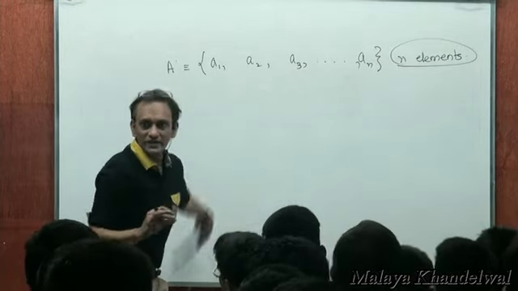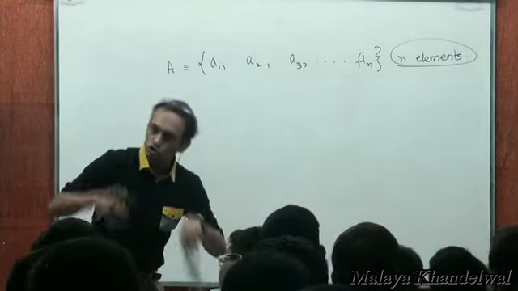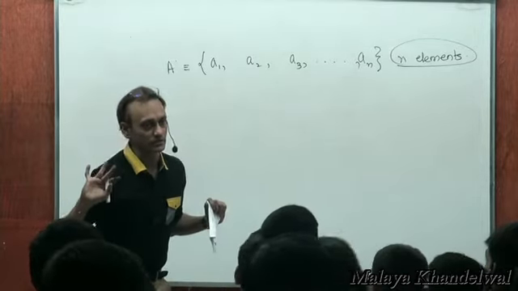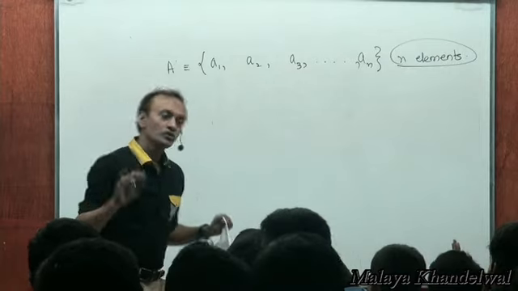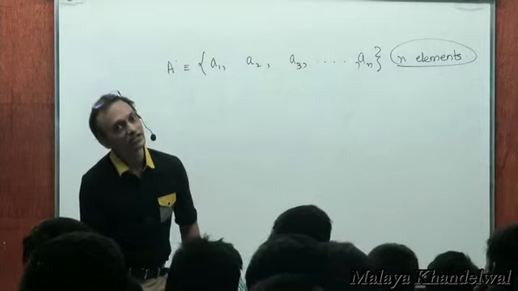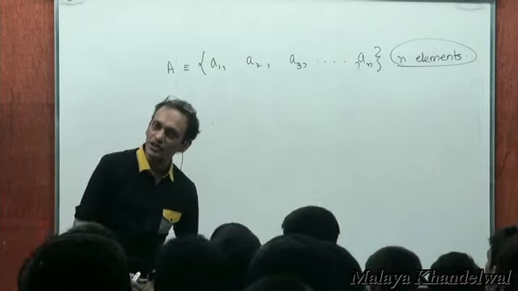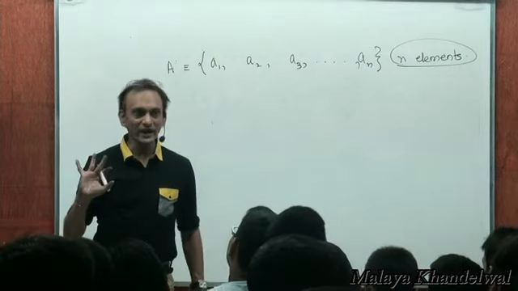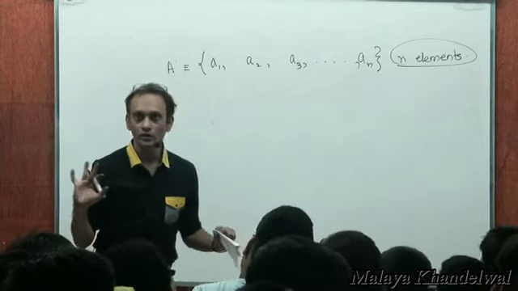If I don't choose anything, that's also a subset, called a null set. This set itself is a subset. All elements is a subset, no element is a subset, some elements is also a subset. Let's be clear about this understanding.